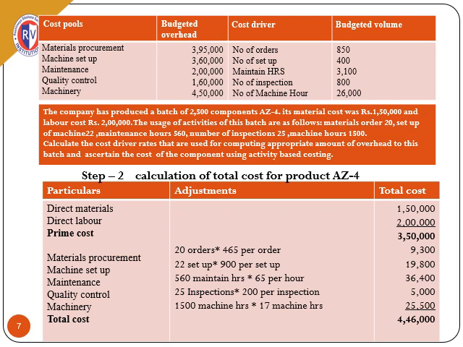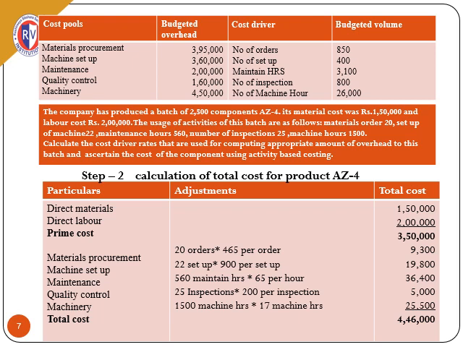So these drivers are going to be considered, and each of the drivers has to be multiplied with the rate per driver, which we have calculated in the previous slide. Take for example material procurement: 20 are the orders for this product and the rate per order is 465.